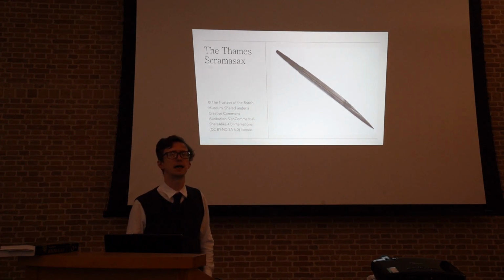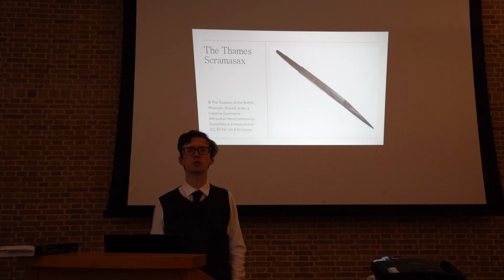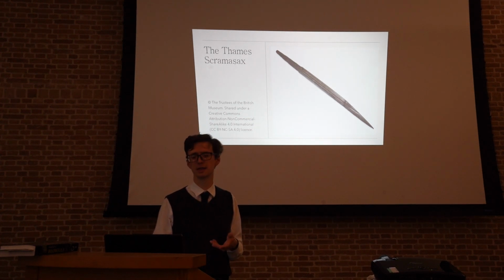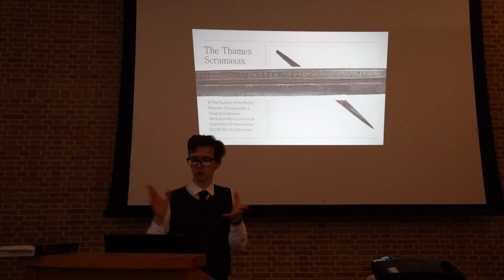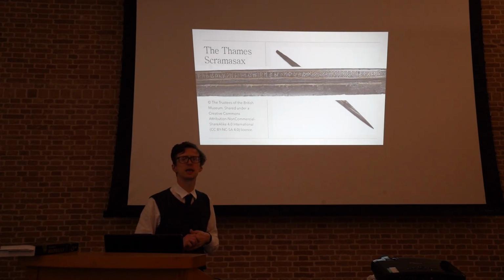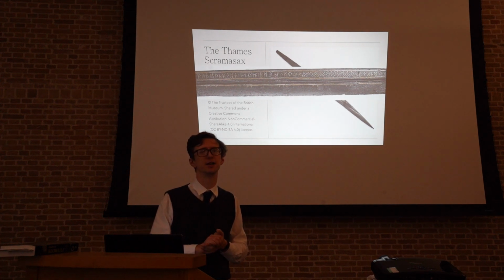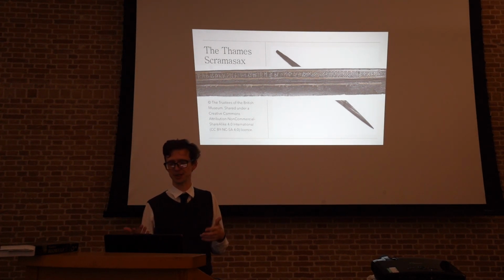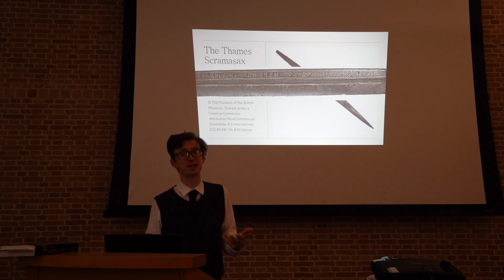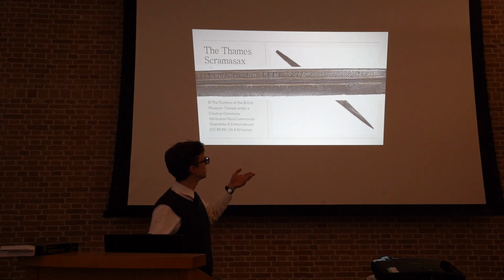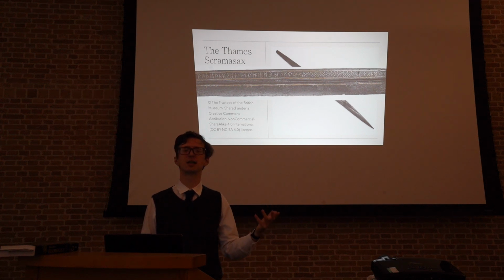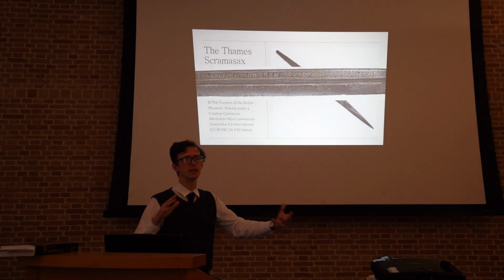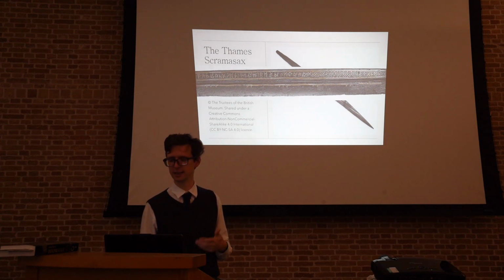The term scrammer sax actually comes from Gregory of Tours, so from a continental writer, but we do see weapons like this, again with a beautiful decorative inscription, although in this case it's just the runic alphabet. It effectively says A, B, C, D, E, F, G. You wonder why somebody thought that was worth doing, and putting so much craftsmanship into. But it seems to me that this is the kind of thing that might be a wal sax, a slaughter sax. It's an elongated knife that is definitely intended as a weapon.